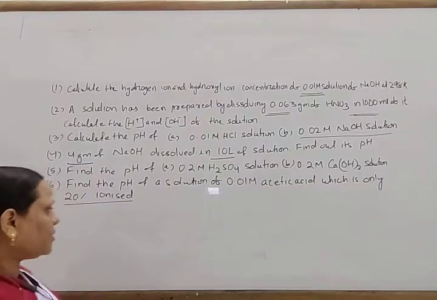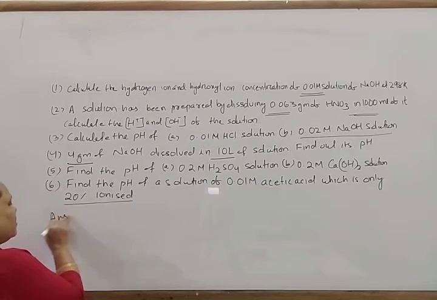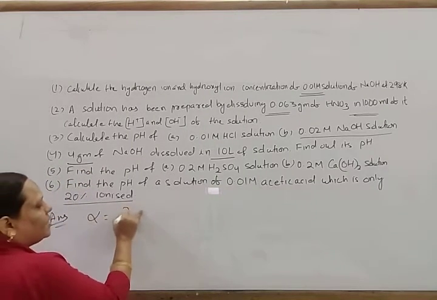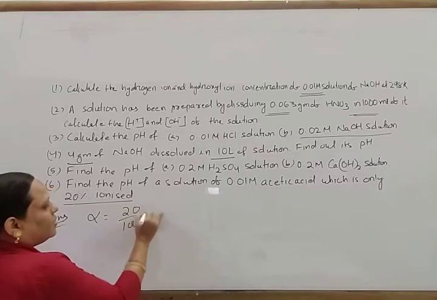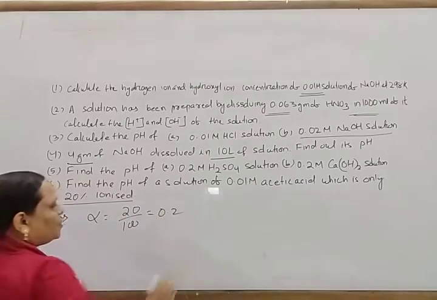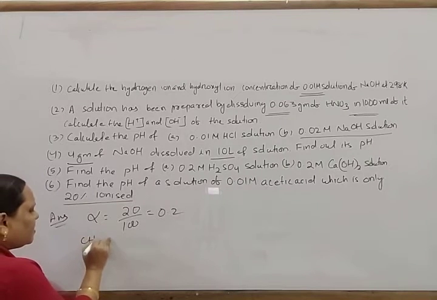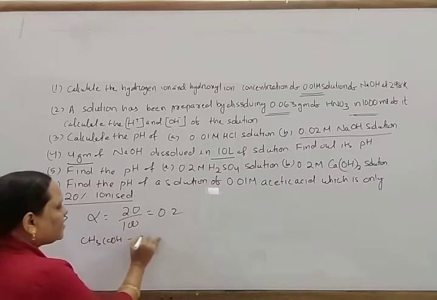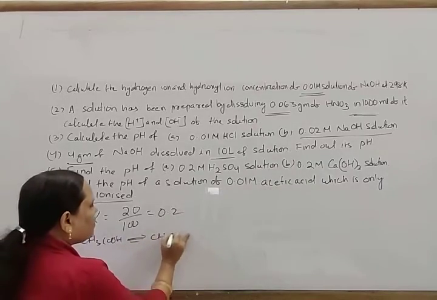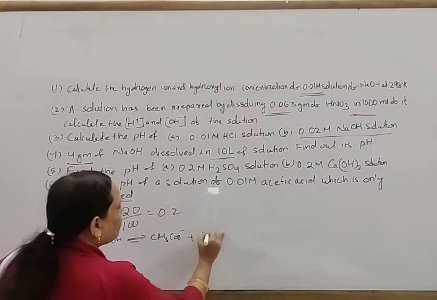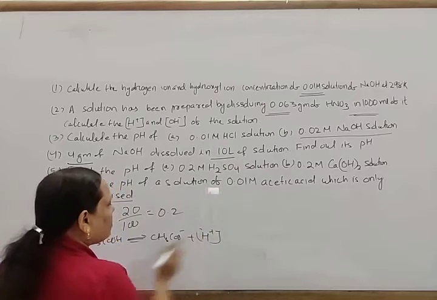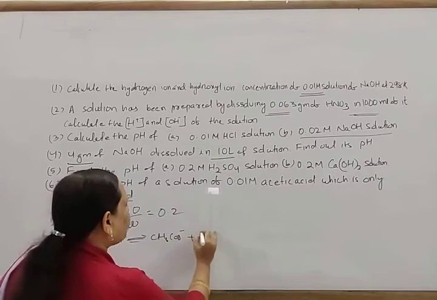The degree of dissociation alpha is equal to 20 by 100, that is equal to 0.2. Now CH3COOH gives rise to CH3COO minus plus H plus.